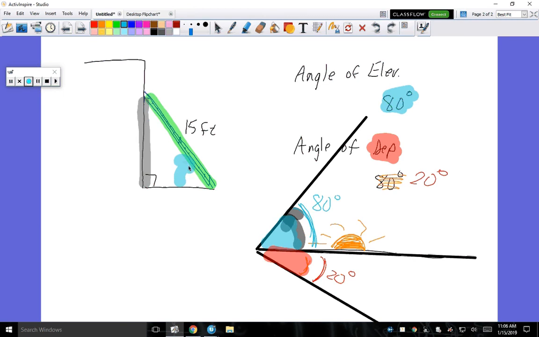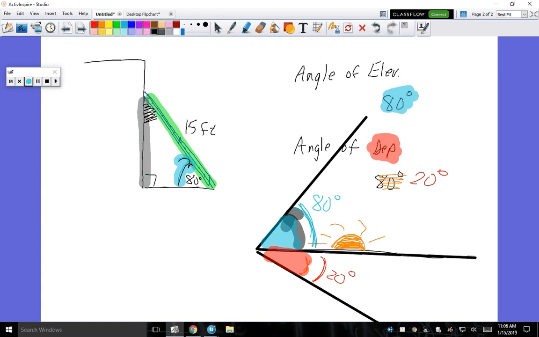It's coming up, and there's your angle of elevation. So this right here is going to be 80 degrees. Okay? You need to know this. Is this an angle of depression or an angle of elevation? It's neither.